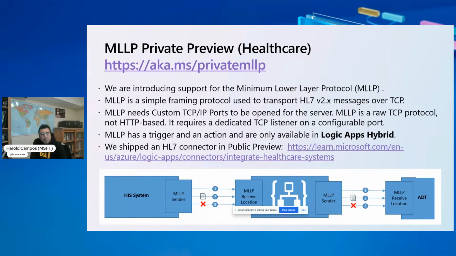We are introducing it first in Logic Apps hybrid. Because of the networking nature of the protocol, we have already shipped an HL7 connector in public preview. So I also invite you to use it and test your HL7 messages.